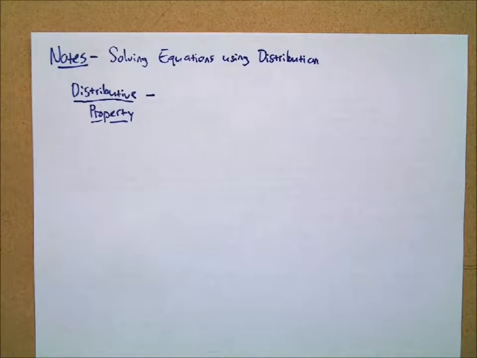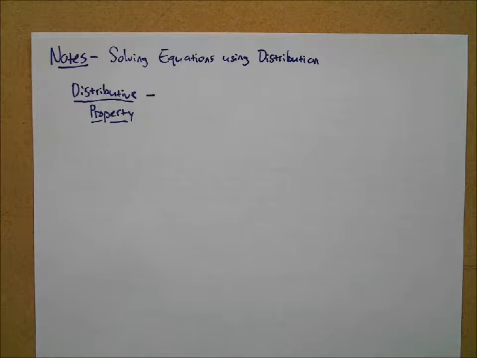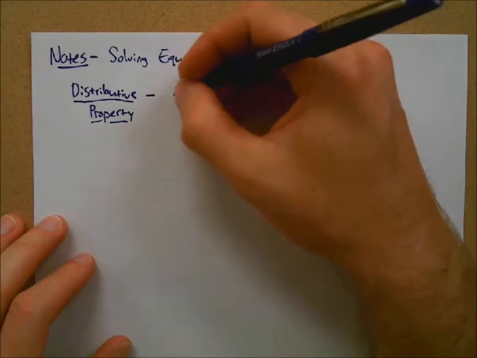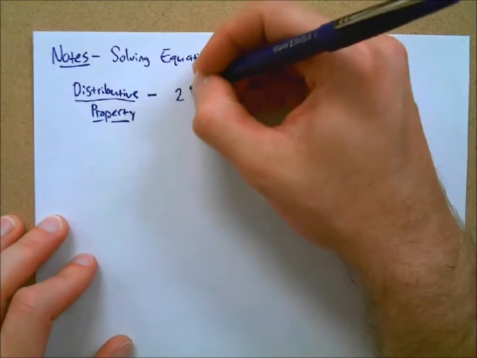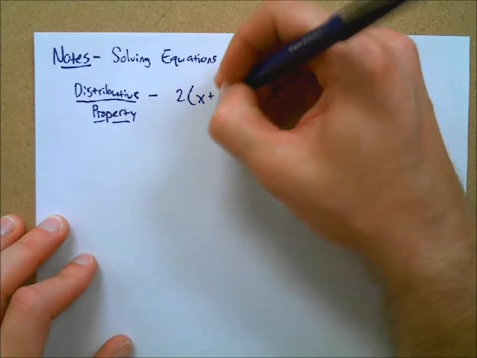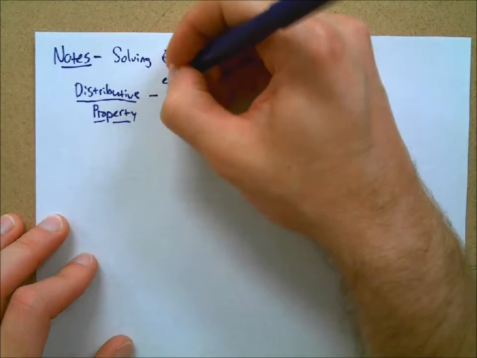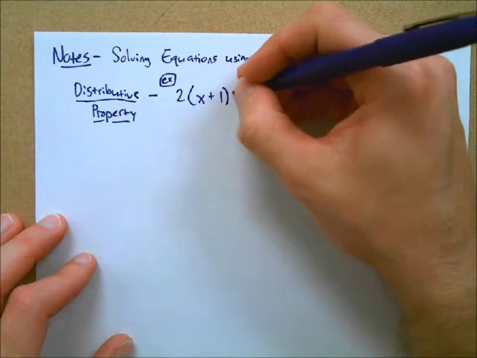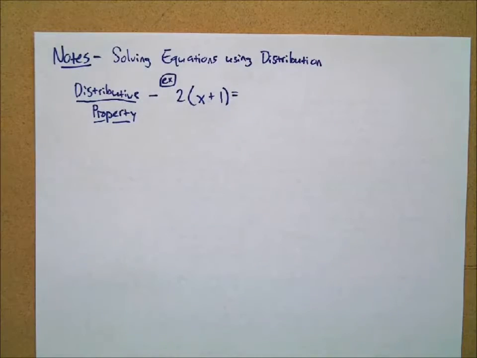I'll just make up something like 2 parentheses x plus 1. So it's not a definition, but 2 parentheses x plus 1. What does that equal? What can we say that simplifies to be? It's the same as what?